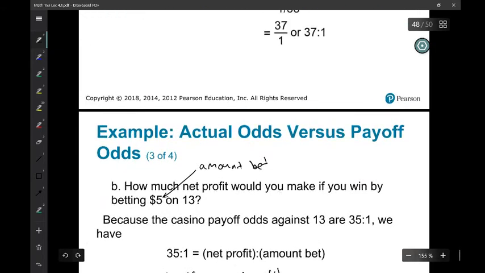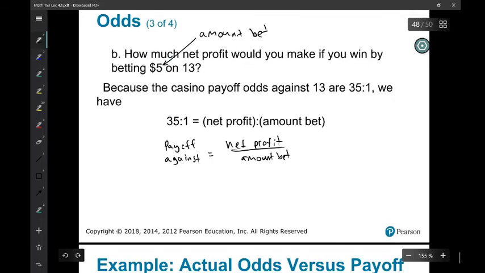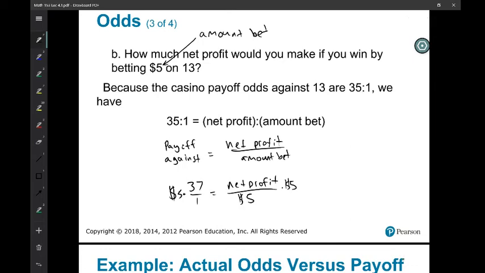So our payoff odds against were 37 to 1. Net profit is what we would like to know. And the amount bet was $5. So we can solve for net profit by multiplying $5 to both sides.